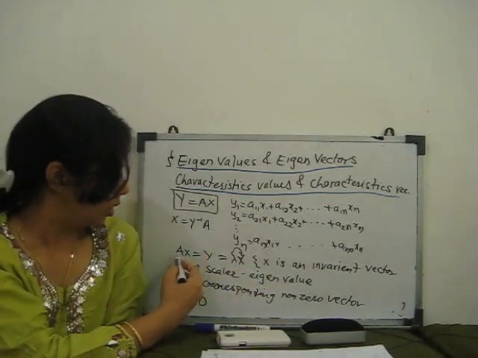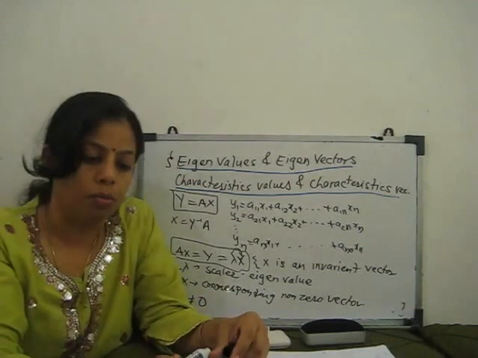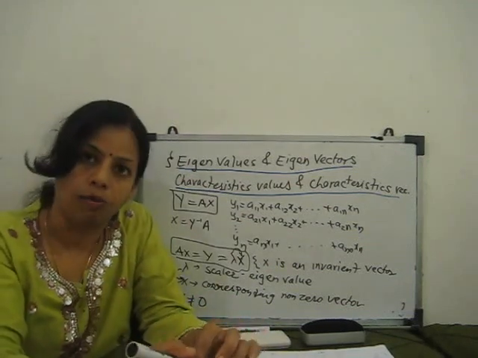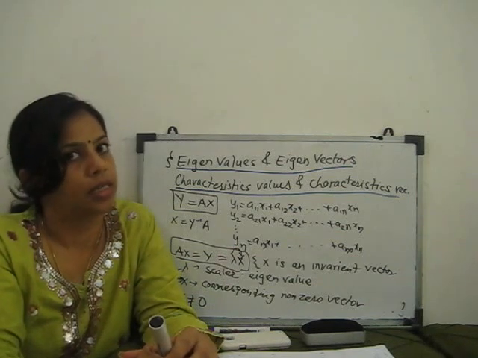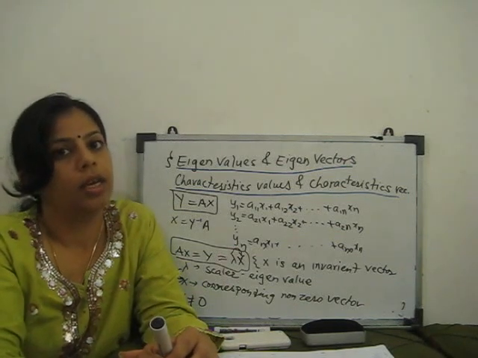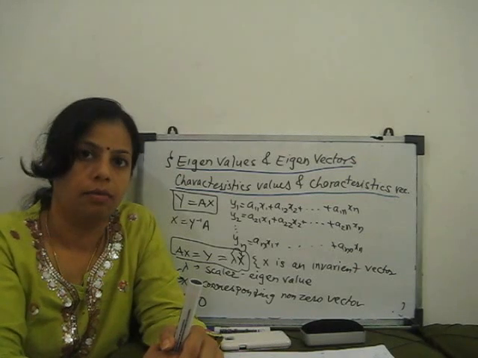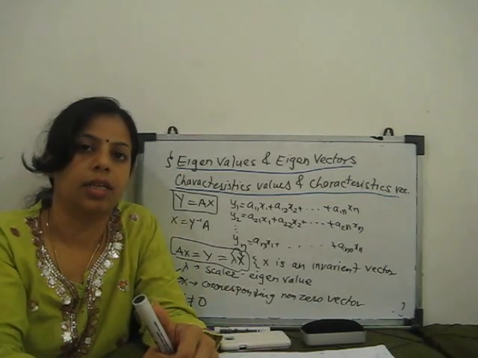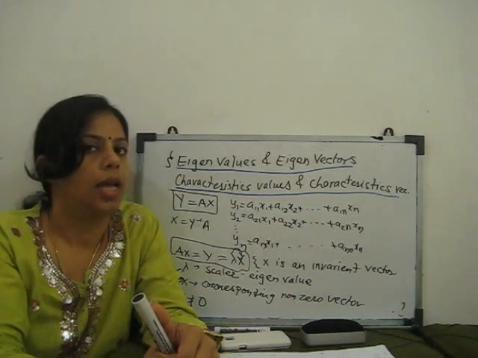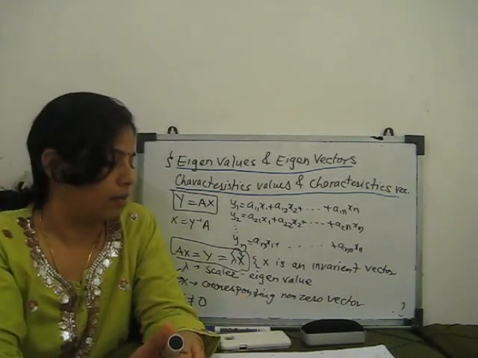With the help of this, we have to find one characteristic equation, and that characteristic equation gives the value of eigenvalues. We can say the characteristic equation has roots, and those roots are called characteristic values, or eigenvalues.